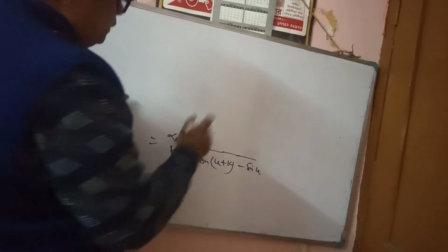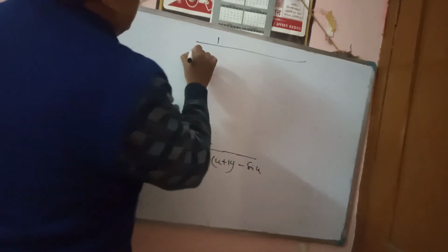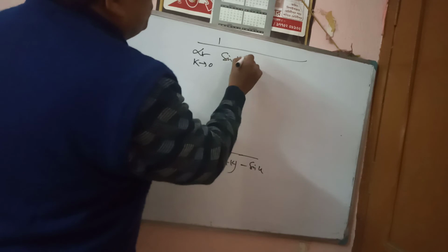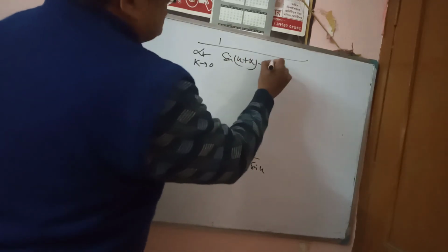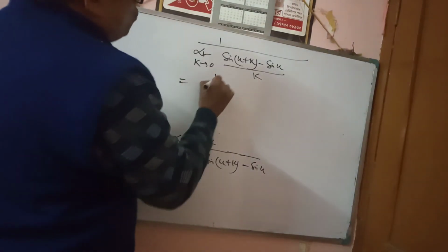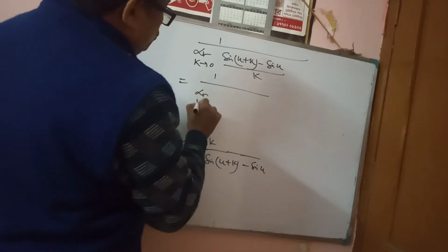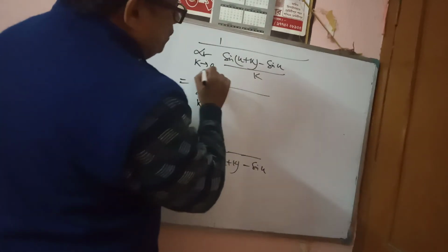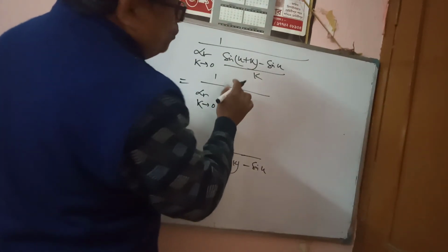So this part you can write as 1 by limit k tends to 0 of (sin(u plus k) minus sin u) by k. Apply the sin C minus sin D formula, so cos u will come.